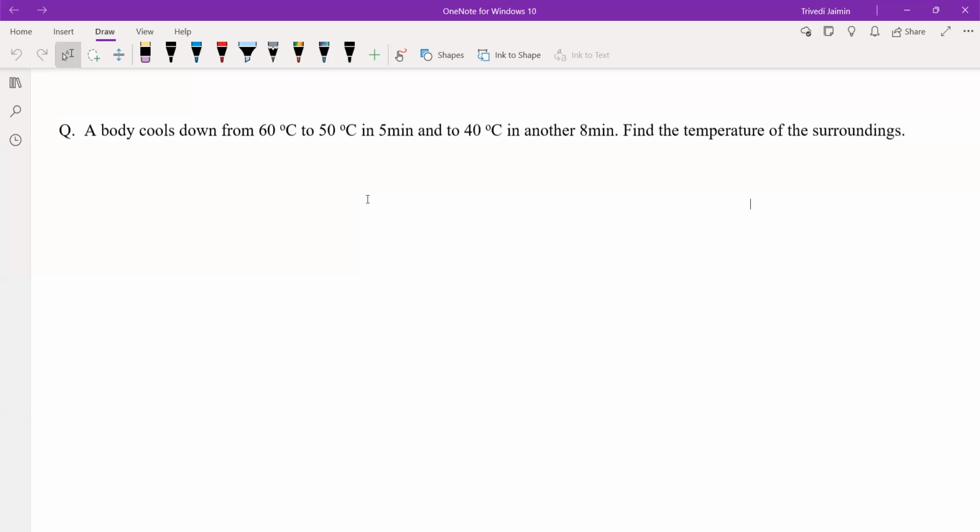Yes, fine. Equation number 2, equation number 1, divide.